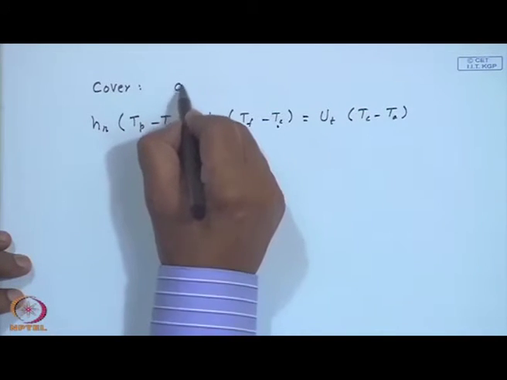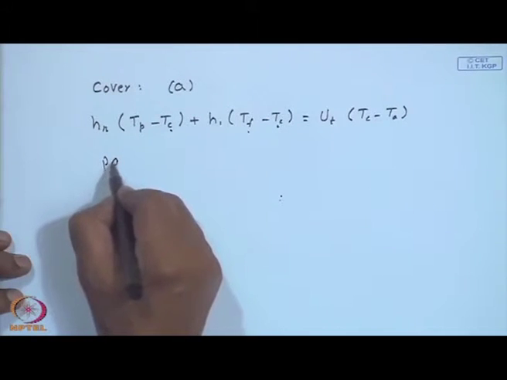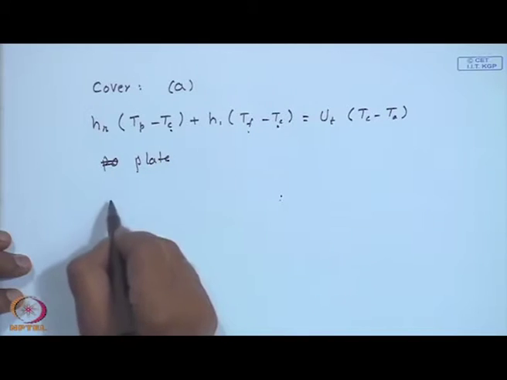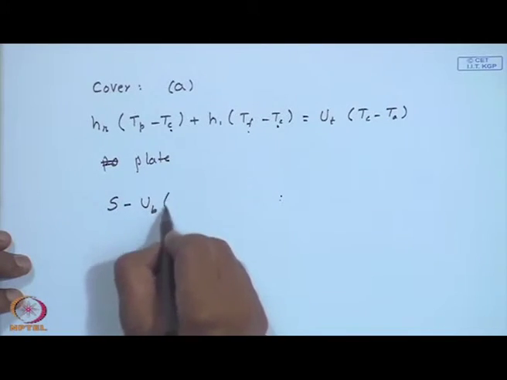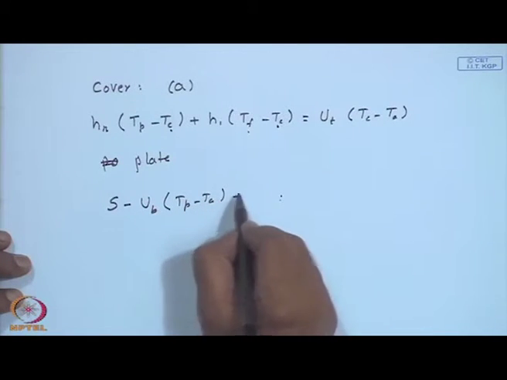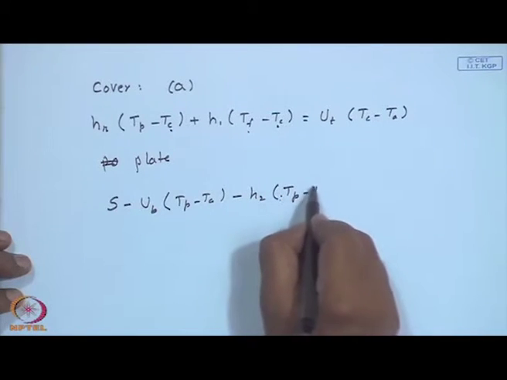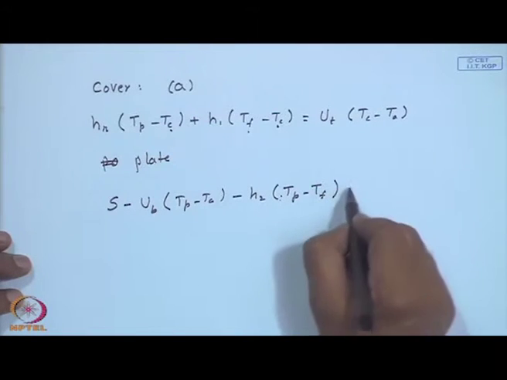On the plate, absorbed energy S minus the bottom loss Ub into Tp minus Ta minus H2 into Tp minus Tf. So, it is a loss apparently, or gain if Tf is higher.